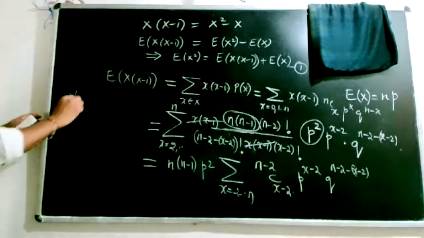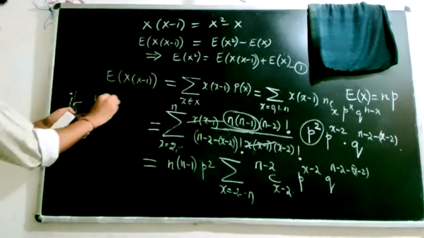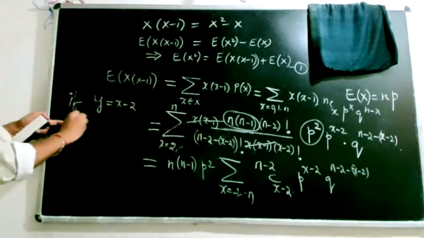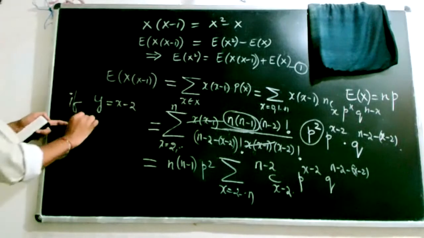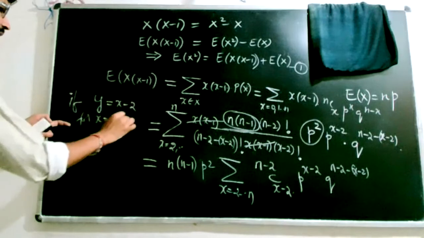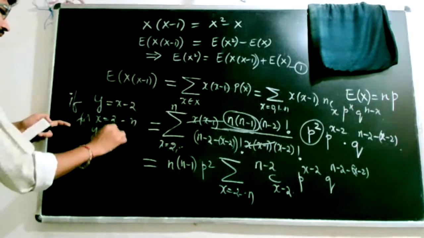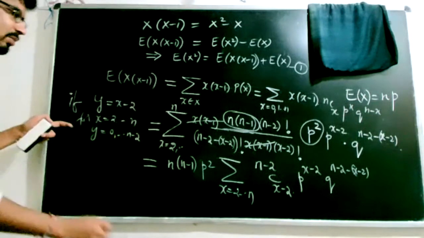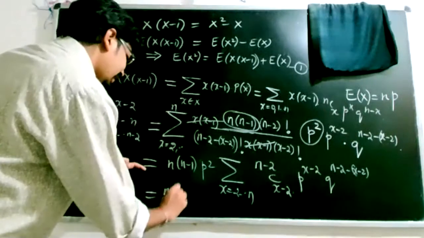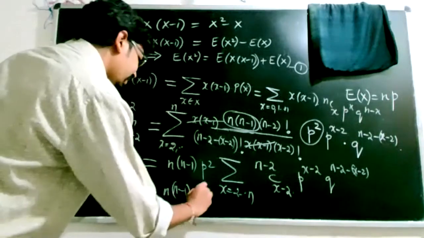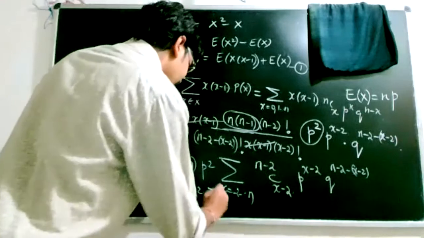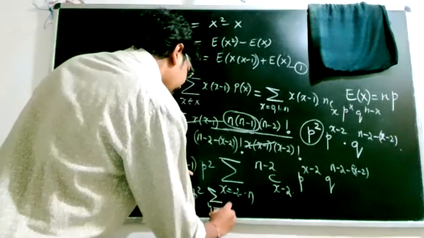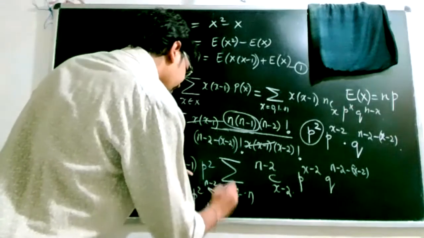So again, if you say that y is equal to x minus 2, then for x equals 2 to n, y takes values 0 to n minus 2. So this can be easily written as n into n minus 1 p square summation over y equals 0 to n minus 2.